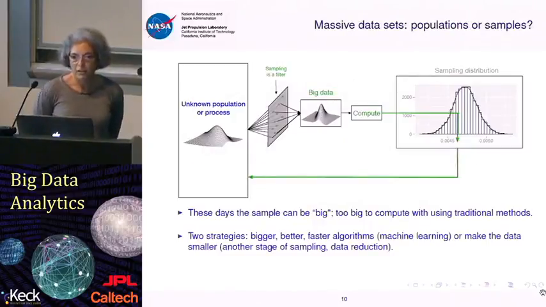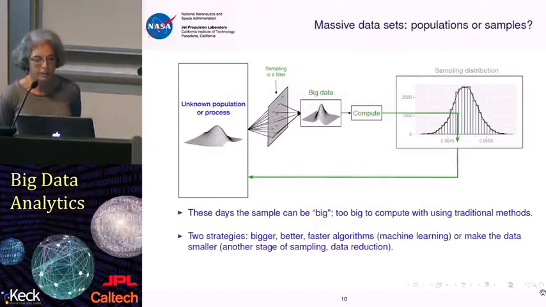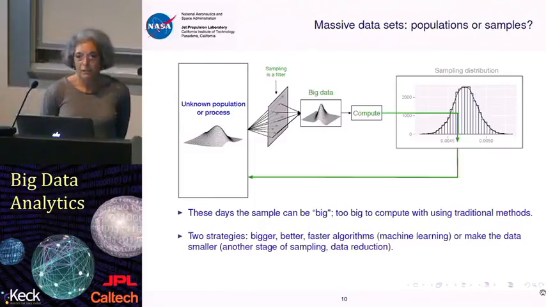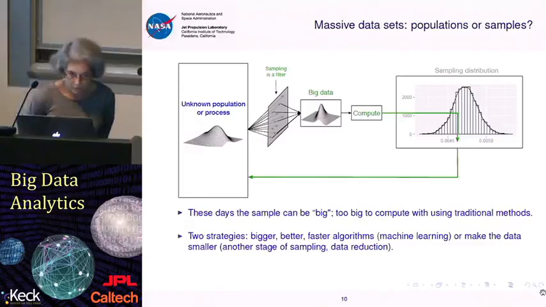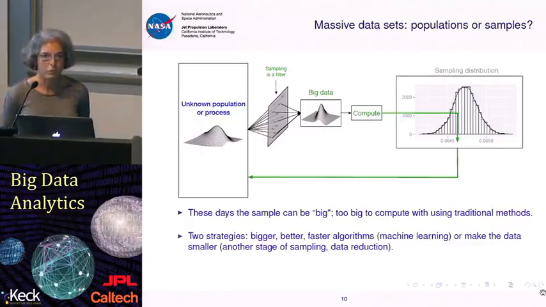So let's get back to massive data sets or big data. And I alluded to this at the beginning of this module. Sometimes the sample that we have is too big to treat like our friends from 100 years ago would have liked to treat a sample. Sometimes it's even too big to get onto our computer. And so there comes a question about how to interrogate that sample for EDA purposes and then how to make inferences from it. There are, in general, two strategies for that.